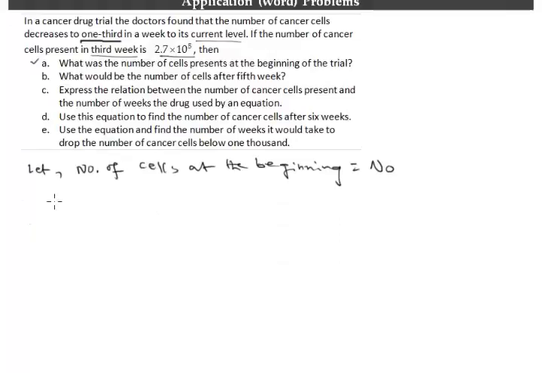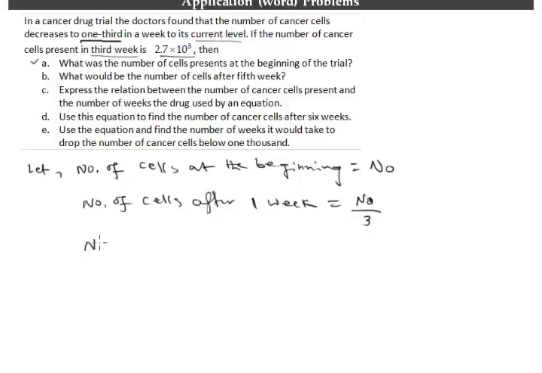Then the number of cells after 1 week: the cancer cell decreases 1/3 in a week to its current level. So initially it was N0. So after 1 week it will decrease to 1/3 of its current level. So 1/3 of its current level is N0, so it will be N0 divided by 3. Now this is after 1 week.